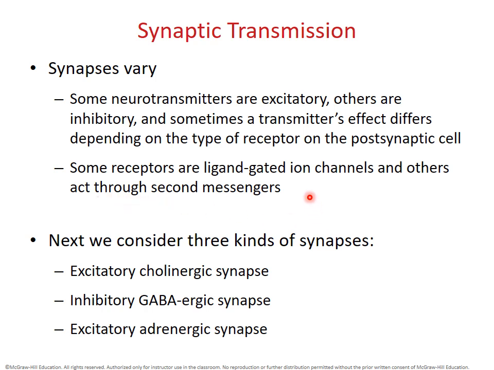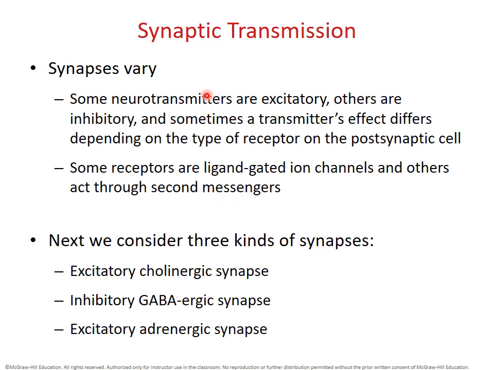So sometimes there are what we call second messenger systems through which the neurotransmitter acts. So the neurotransmitter itself doesn't cause the immediate response, but it triggers a series of activations which lead to second messengers, which then will have the direct effect on the postsynaptic cell.